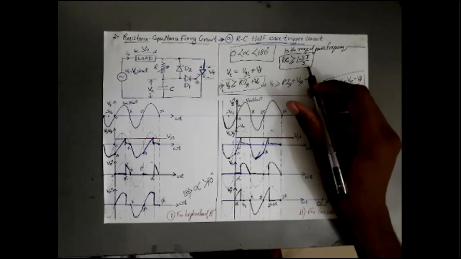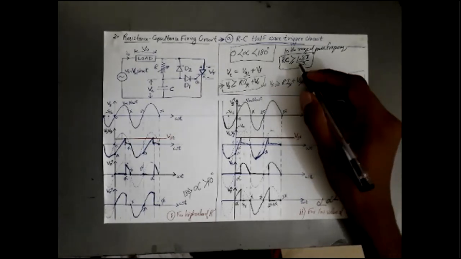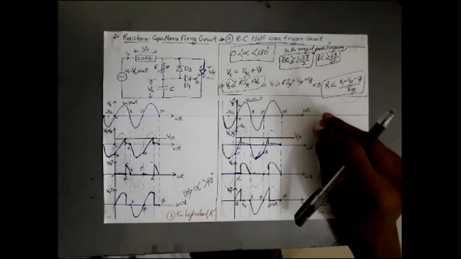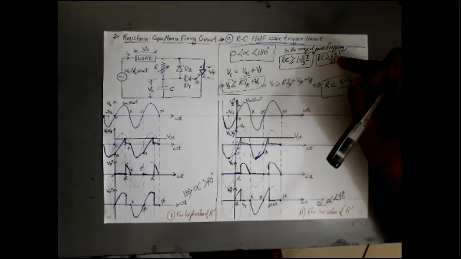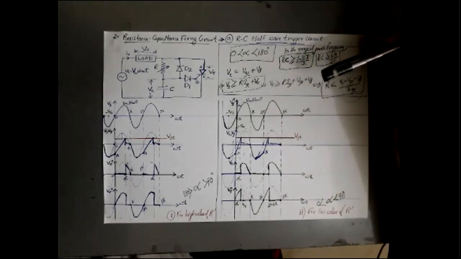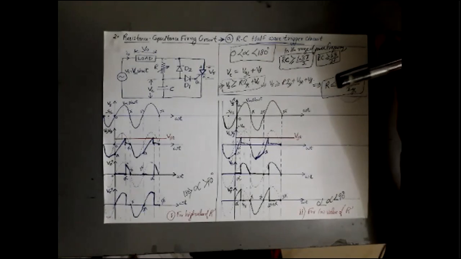Okay, as we know, T is equal to 1 by F, where F is the frequency of the supply, and I can replace this equation as RC greater than or equal to 1.3 divided by 2F, and we know that omega is equal to 2 pi F. In order to bring that omega in this term, F is equal to omega by 2 pi.